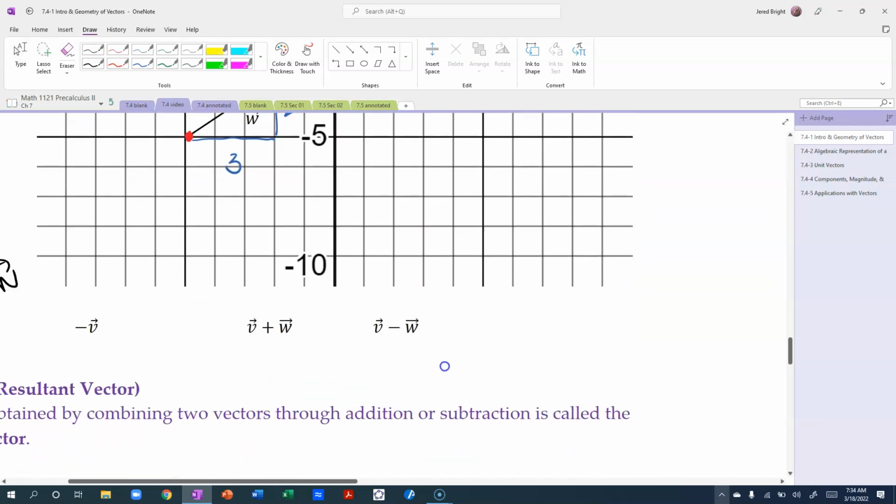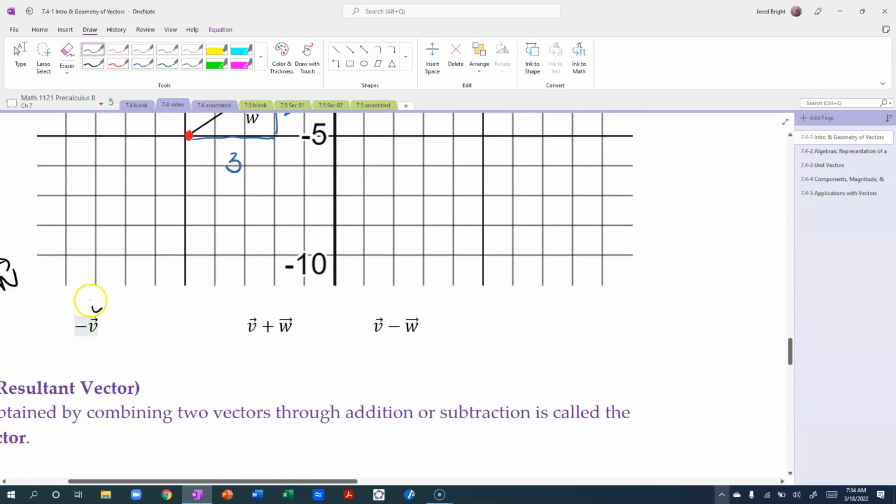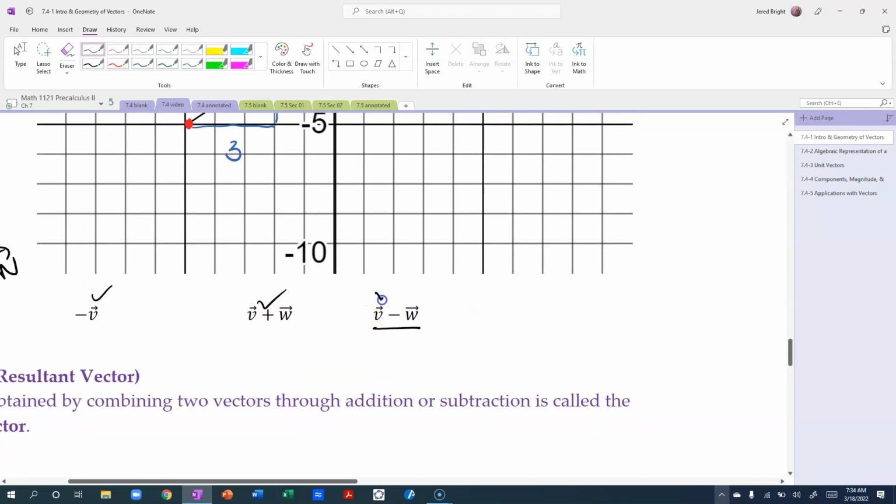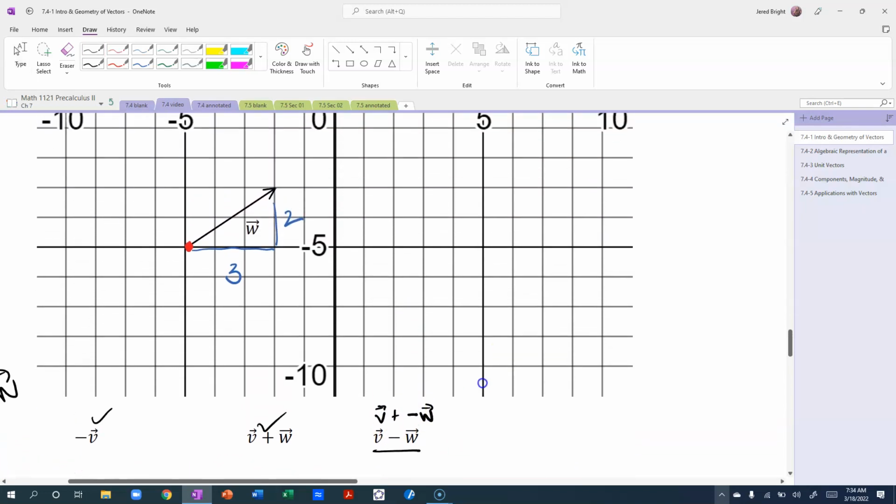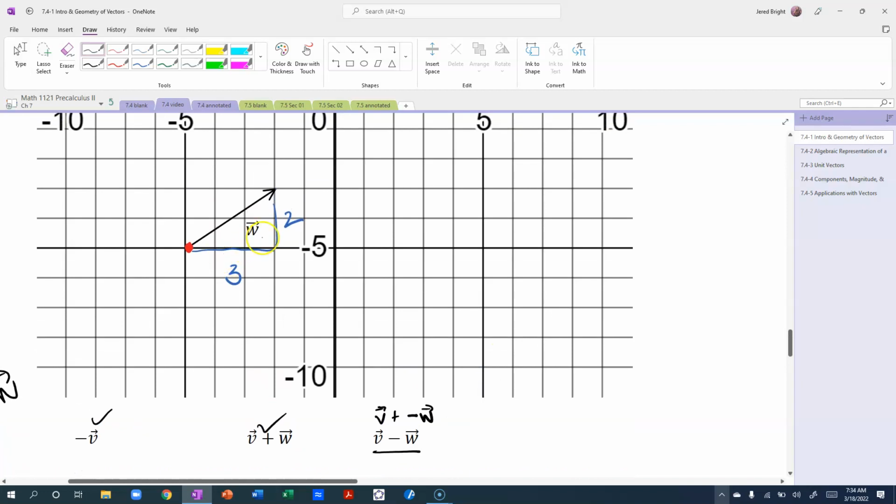Okay, and so we did that one, and now v minus w. This one, I prefer to think of this as v plus negative w. Mathematically it's the same. So negative w, if this is positive w, negative w would just slap on a negative. So you go 2 units down, 3 units to the left.